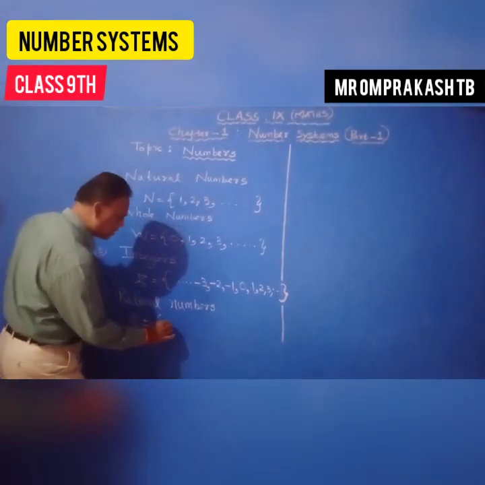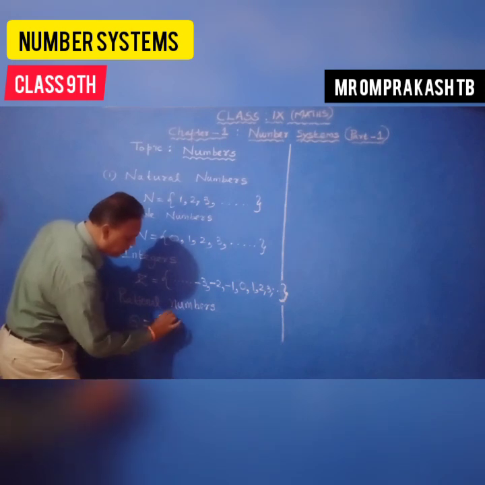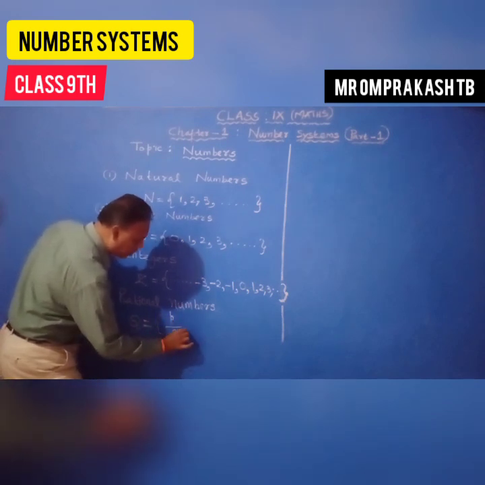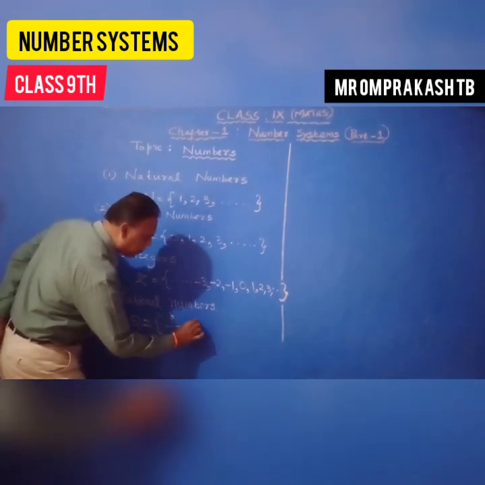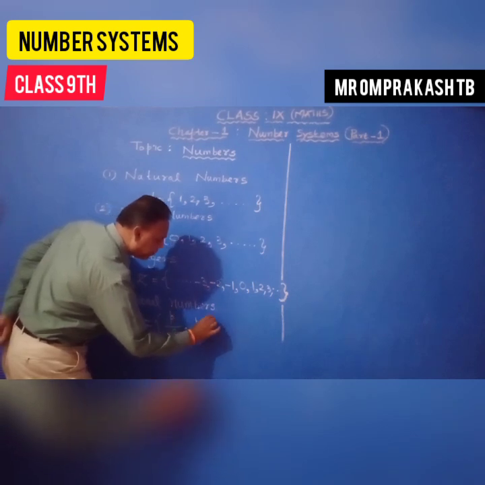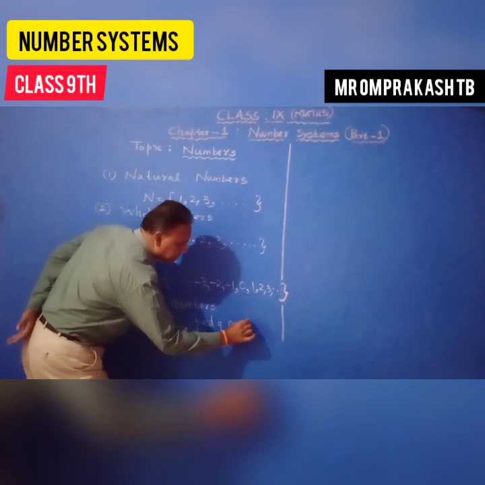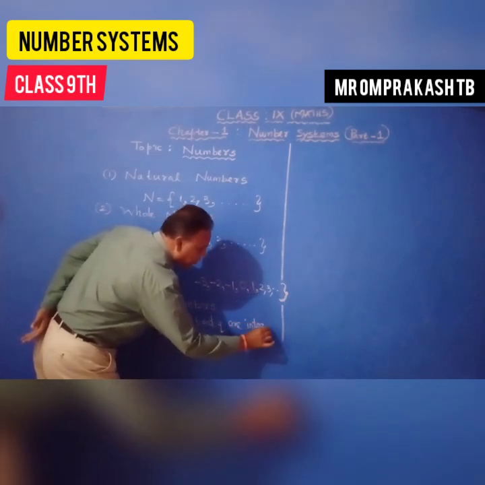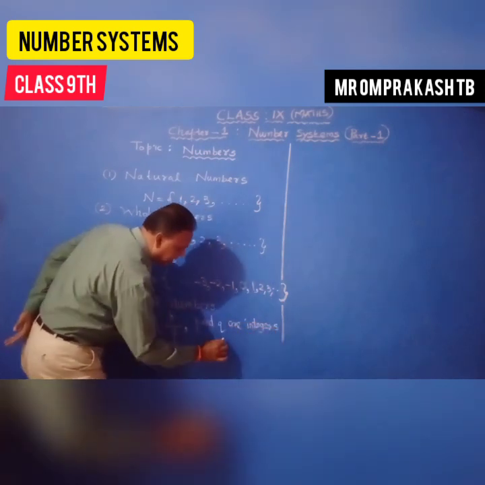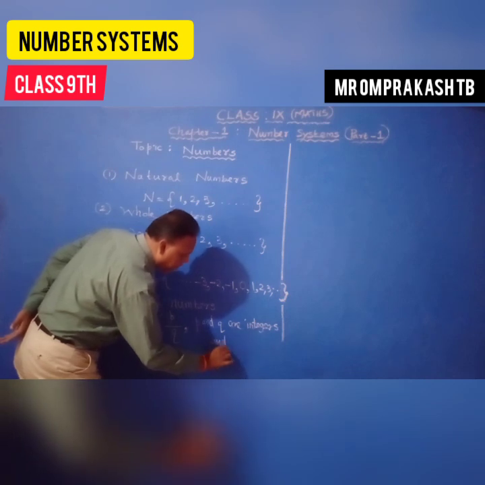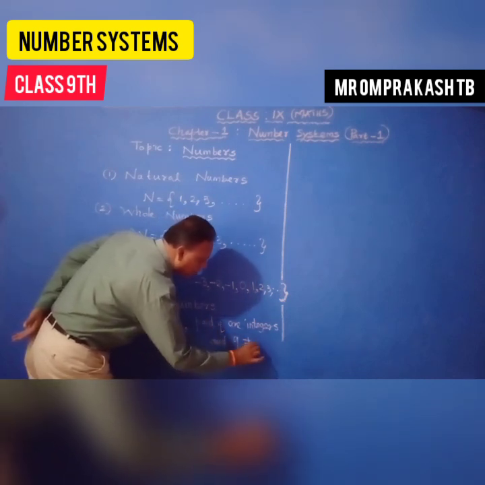So capital Q is nothing but the set of all P by Q, where P and Q are integers and Q not equal to 0.